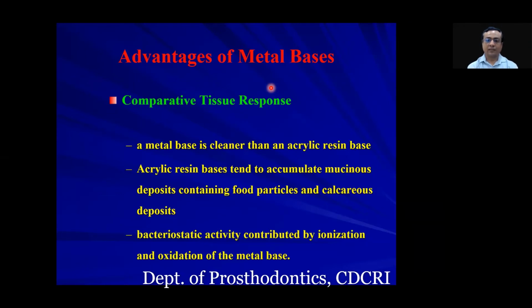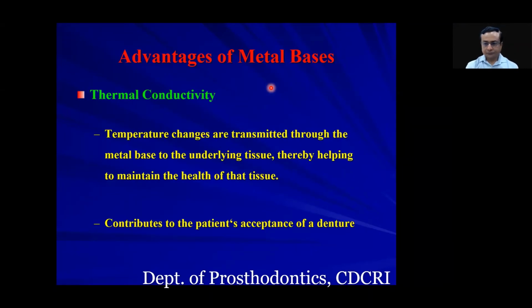Also, metal, because it has free ions, has some bacteriostatic property, which is absent in the case of acrylic denture bases. So all this makes a metal denture base more biocompatible as compared to acrylic. So there is better harmony with the living tissues in the case of metal denture bases.